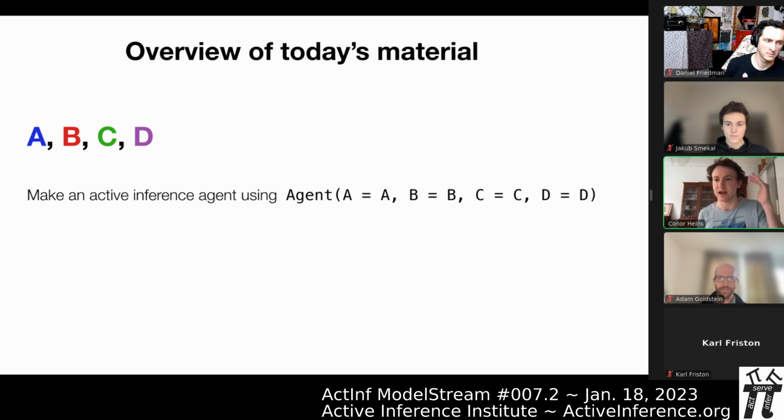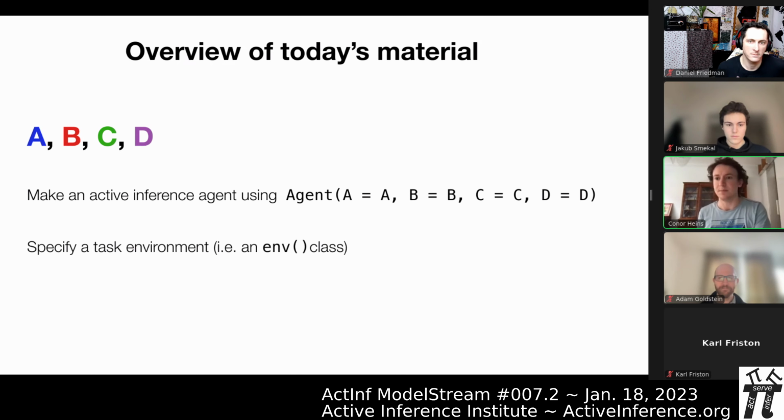In the last video, we talked about different levels of abstraction. This is like the top level of abstraction in pymdp, where you're just passing a generative model to an agent and then kind of pressing go on the agent, having it interact with the task environment. So typically this is another class, like an environment class or a task class.